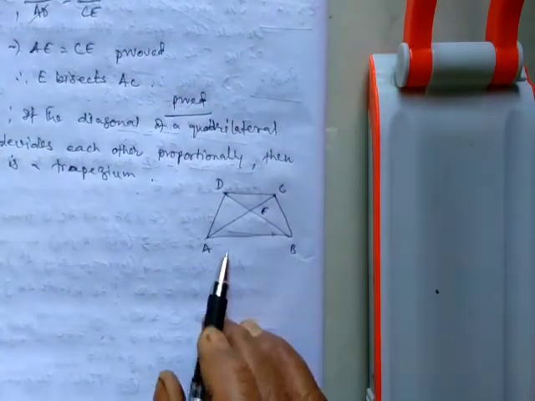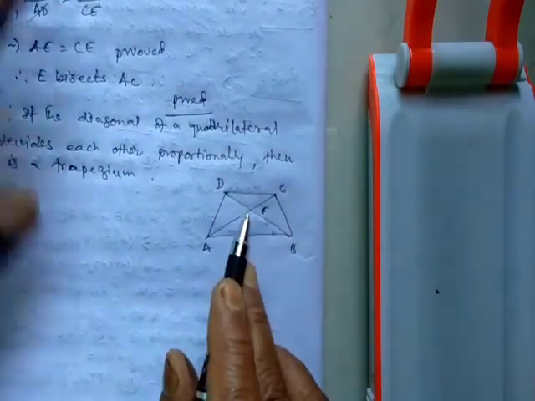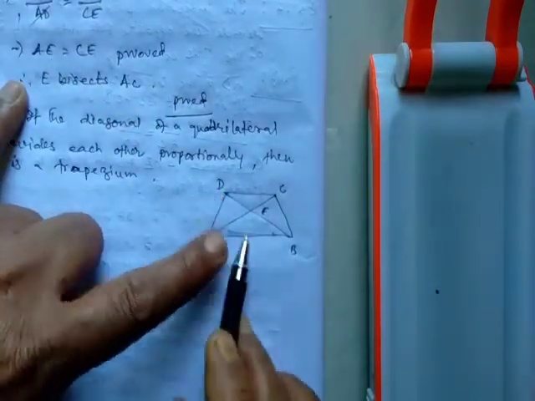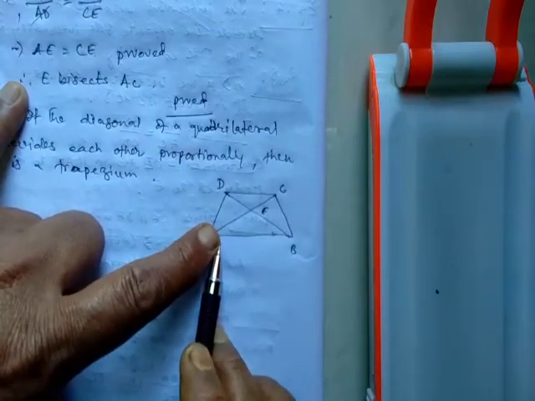Sorry, what is this? It is a quadrilateral. We have to prove that ABCD is a trapezium.